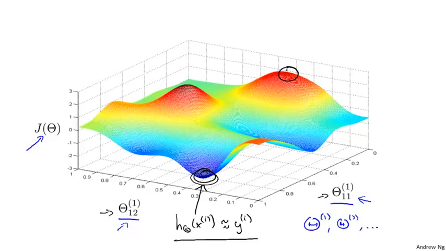Whereas in contrast, if you were to take a point like that, it corresponds to where for many training examples, the output of my neural network is far from the actual value y_i that was observed in the training set.